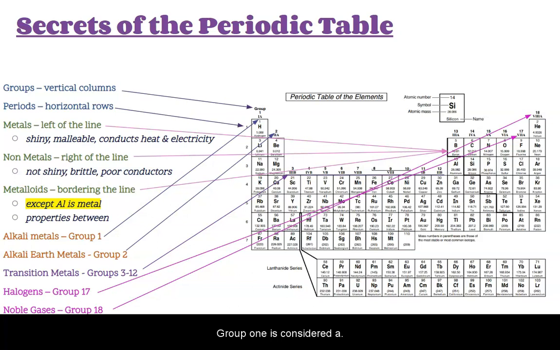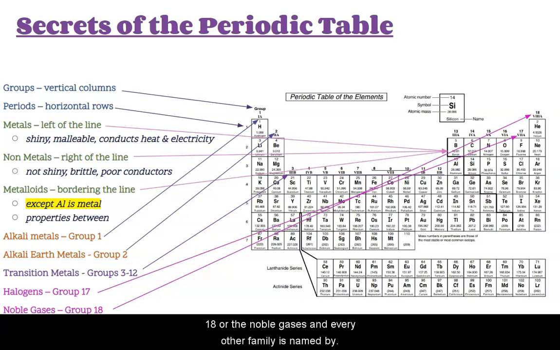Group 1 is considered the alkali metals. That's their name. Group 2 is the alkaline earth metals. Then 3 through 12 are your transition metals. The name for group 17 are the halogens.